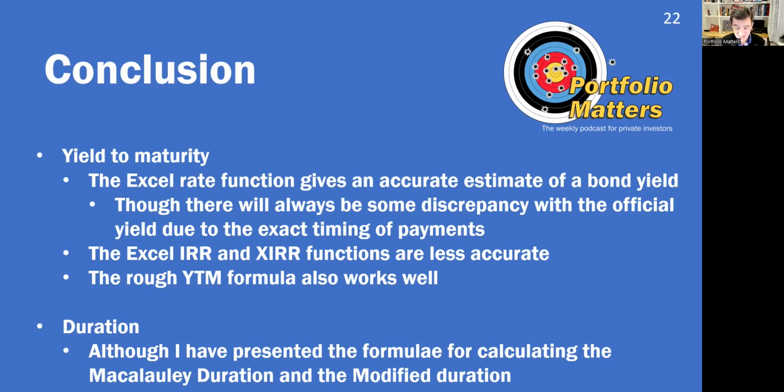I have presented you with the formula for calculating the Macaulay duration and the modified duration, but really you don't need to know this. If you're tempted to calculate those yourself, well, please go on to Investopedia and work your way through the calculations.